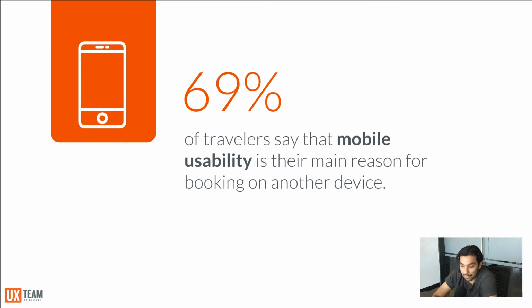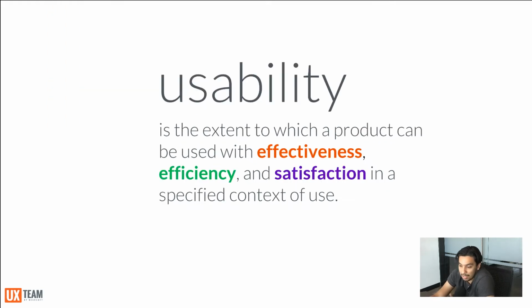So, to have a clear understanding of why usability is so important in mobile travel apps, first let's define what usability is exactly. Usability is the extent to which a product can be used with effectiveness, efficiency, and satisfaction in a specified context of use. In other words, it's how hard or how easy it is for a user to use, in this case, travel apps.